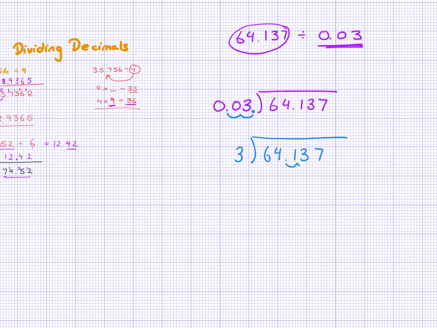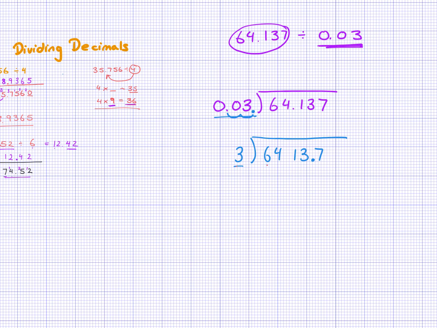So I move it 2 places here also. So now my dividend is not 64, it is 6,413. But I'm dividing it by 3 instead of 0.03. So what I'm doing is I'm keeping the spirit of the problem there, but I'm changing the digits, or changing the numbers' values.